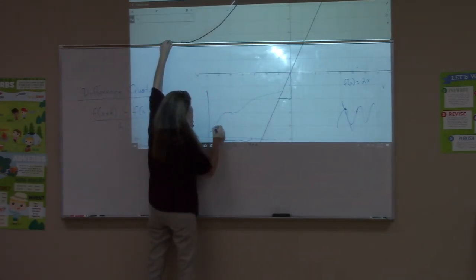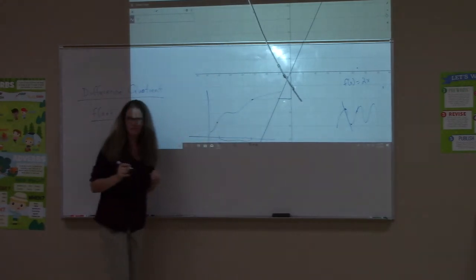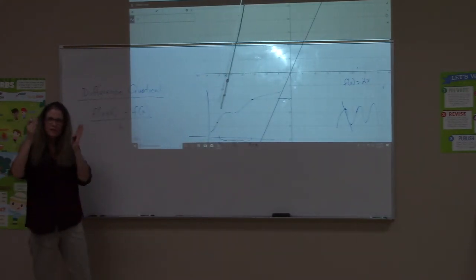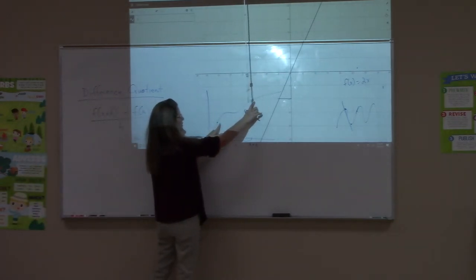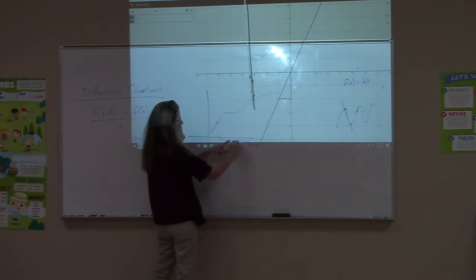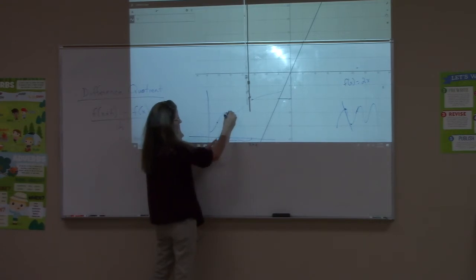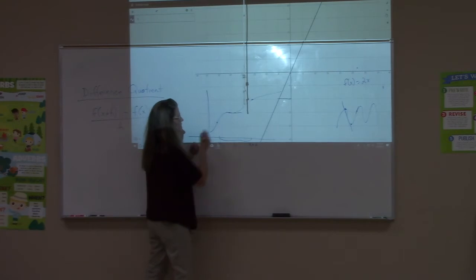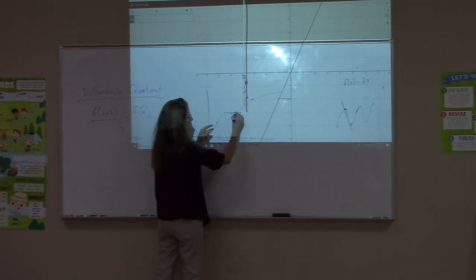I have a point at x, and I have a point at x plus h. Okay? I want it to get closer and closer together. So as these points merge, and as h gets smaller and smaller, I can start really pinpointing the slope.